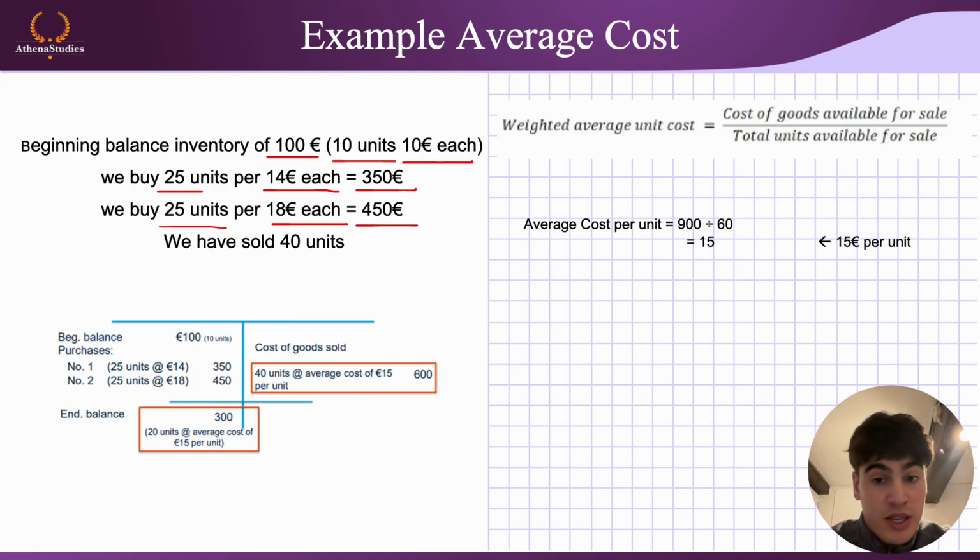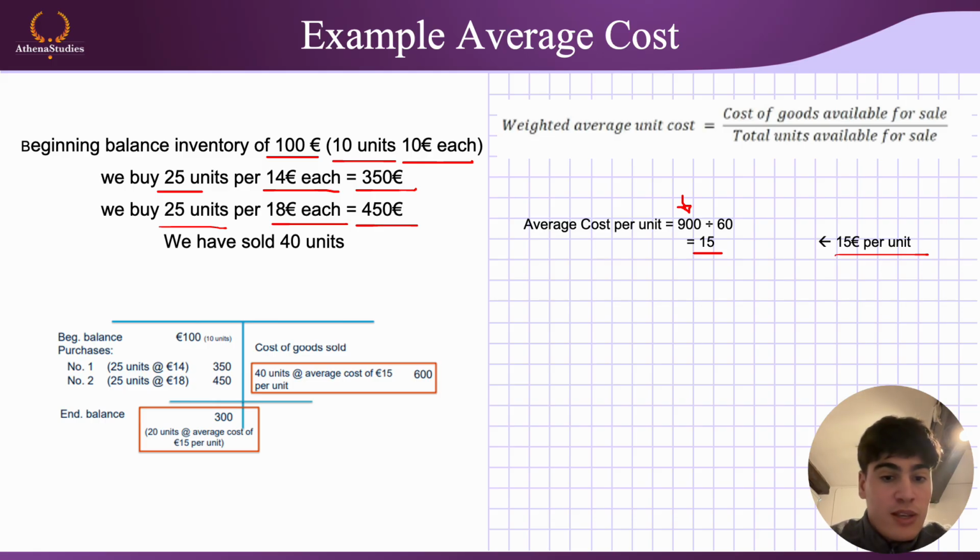So we said our inventory is worth 900 euros divided by 60 because we have 60 units. And this is equal to 15. So we will be selling every one of our units for 15 euros per unit.